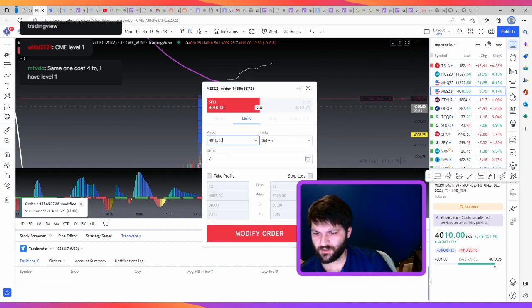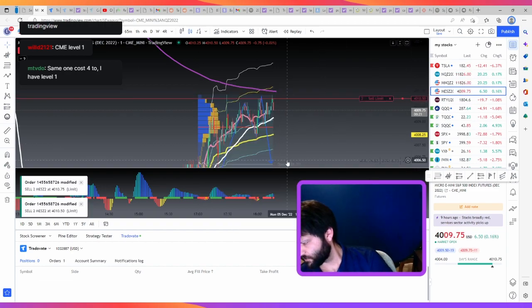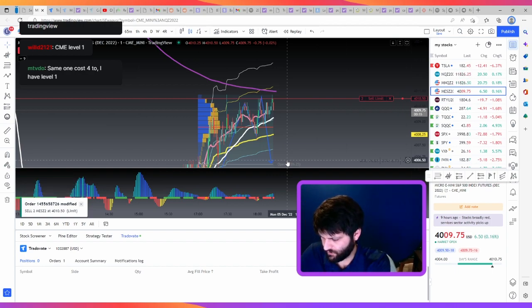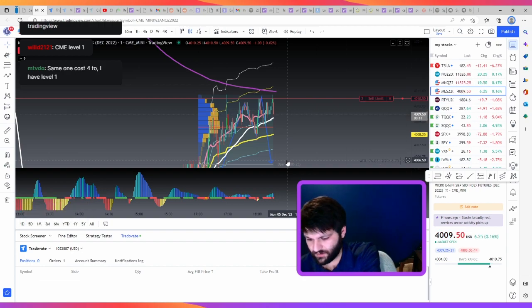One thing to note too, during Globex, which is what we're doing right now. Let me go ahead and move this up a little bit so y'all can see it better. During Globex, you need to make sure that wherever you want it filled at, you put it a tick below or above.